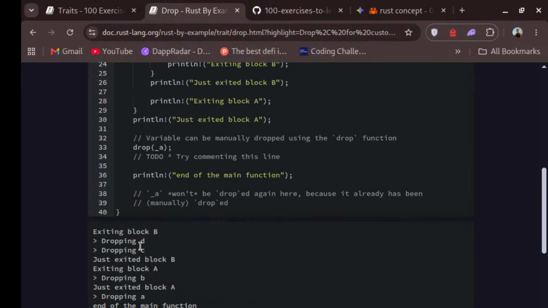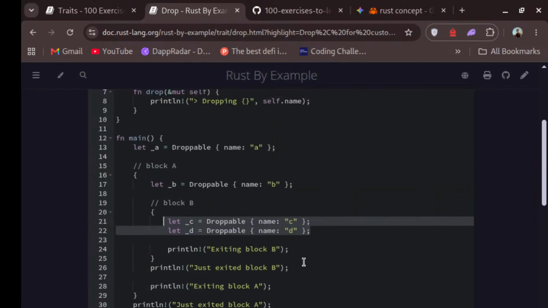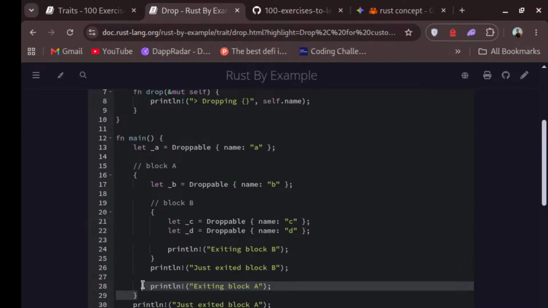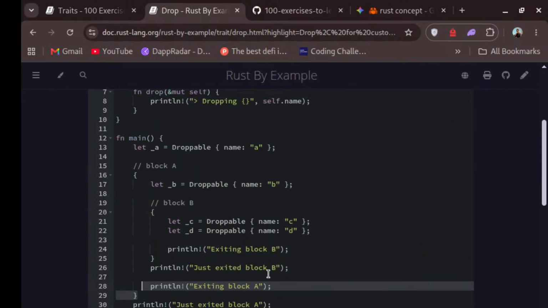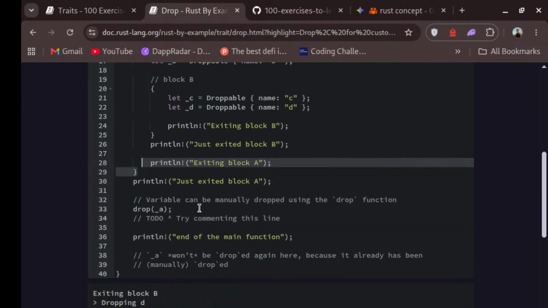This is dropping D and dropping C, and just after that we execute A, and then drop B. Okay, it can be manually dropped using a function on A.